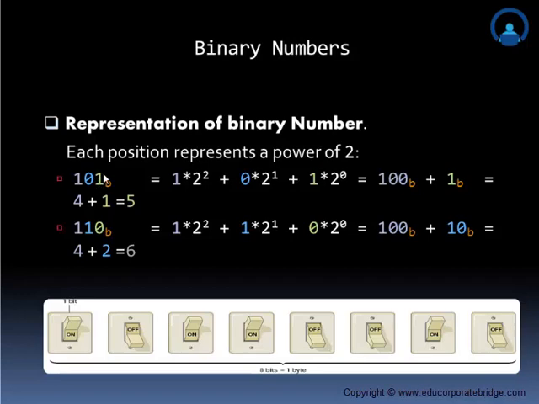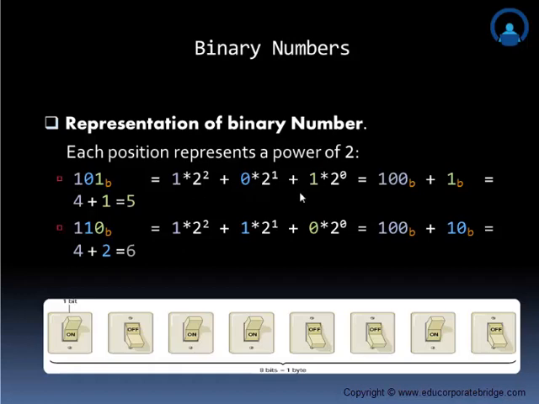We move from right to left. The rightmost bit is LSB, the least significant bit, and the leftmost bit is MSB, that is the most significant bit. Starting from the right, the first bit has its position 0, the next has its position 1, and this has its position 2. So we do the multiplication and representation as 1 into 2 raised to 0 plus 0 into 2 raised to 1 plus 1 into 2 raised to 2.